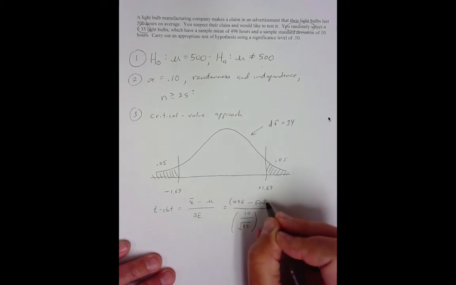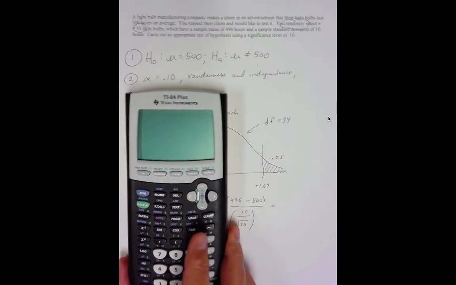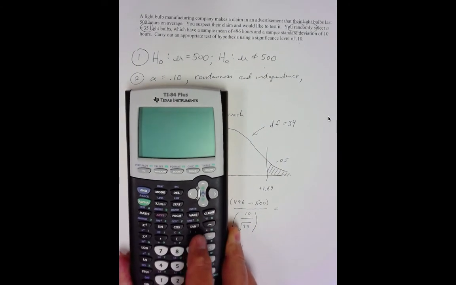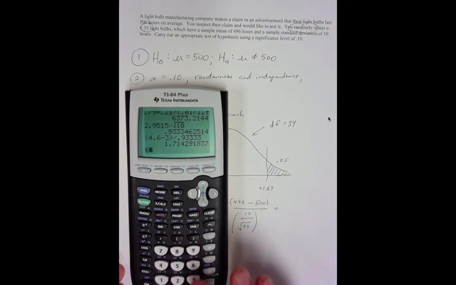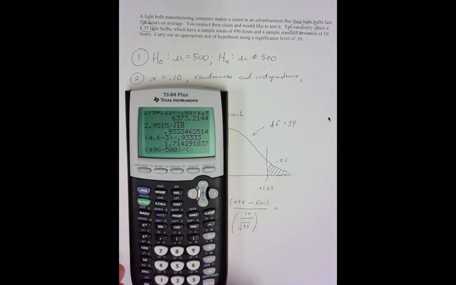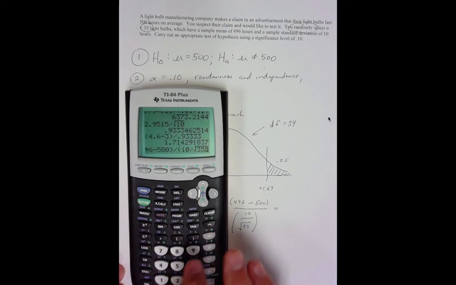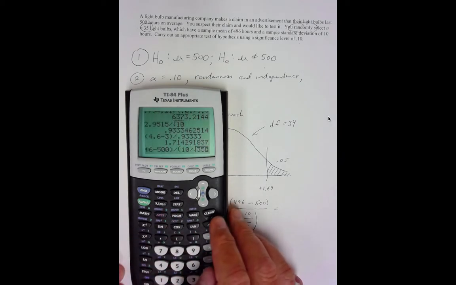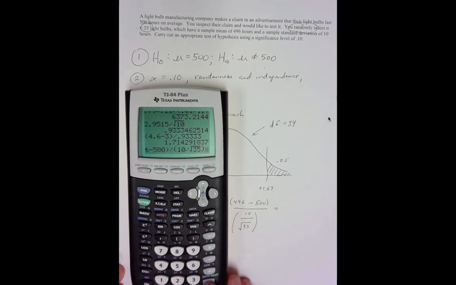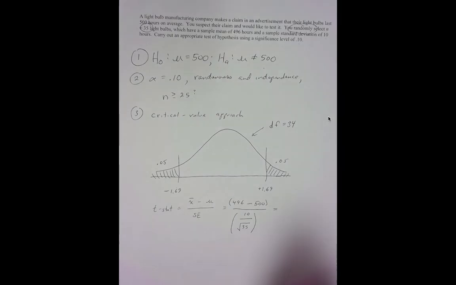I'm going to put parentheses around this so we don't get wacky with any order of operations. So grab a calculator. 496 minus 500 divided by 10 divided by the square root of 35. So I get negative 2.37.